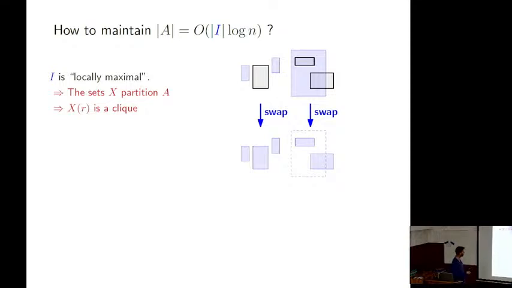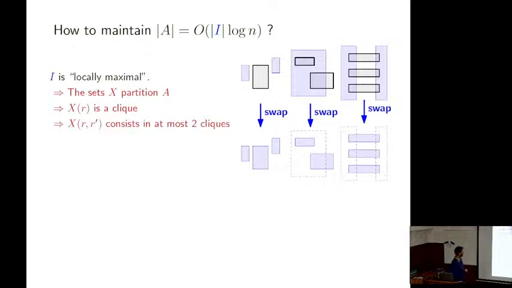This ensures that when there is no swap, the loop rectangles form a clique. Then the third type of swap is if we have two blue rectangles in the independent set and there are three active rectangles that are independent and touch these two rectangles, then we swap again.